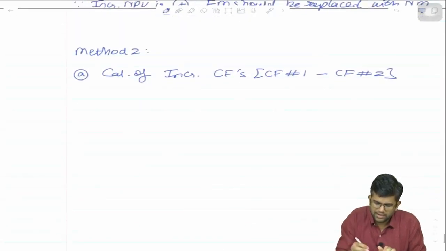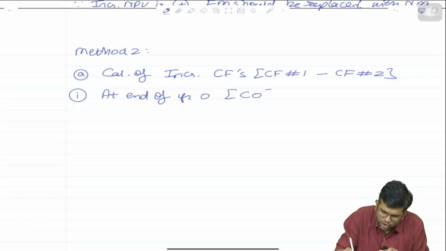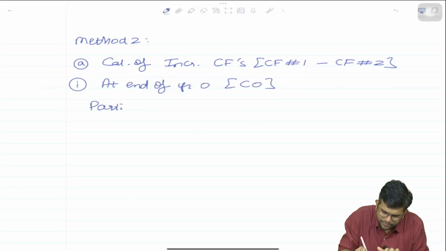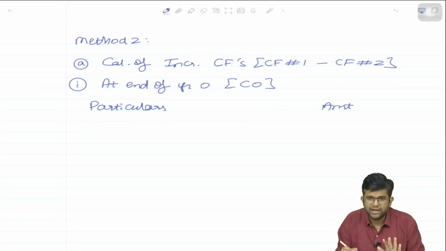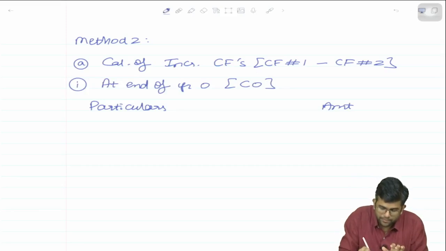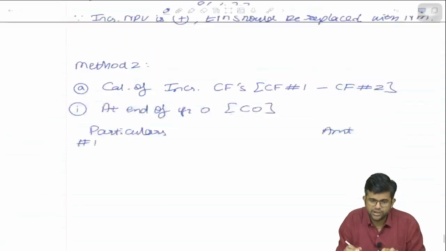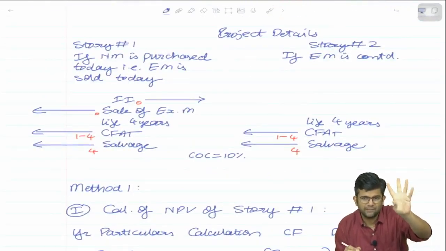So in that I will say point number 1, at end of year 0 cash outflow. Listen carefully. I will write particulars and amount. Now first I will write the cash flow of story number 1. Are you all there? Story number 1 cash flows. Tell me, in year 0 in story 1 what will happen? There is an initial investment and there is a sale of existing machine.